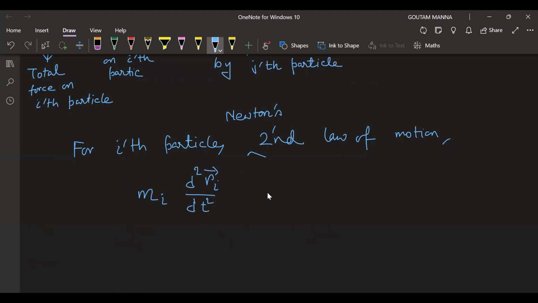Acceleration is a vector, the double derivative of the position, and that is equal to the total force on the ith particle. That means the external force on the ith particle plus the sum over all j, where j is not equal to i, of F_ij.